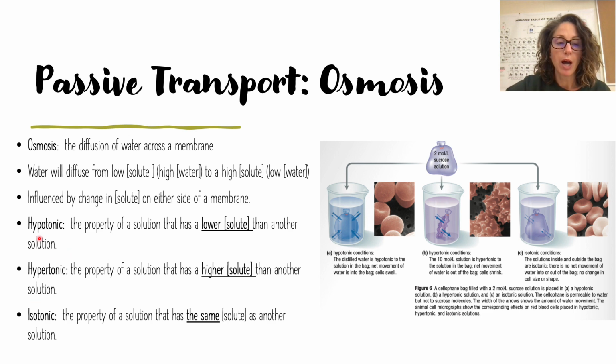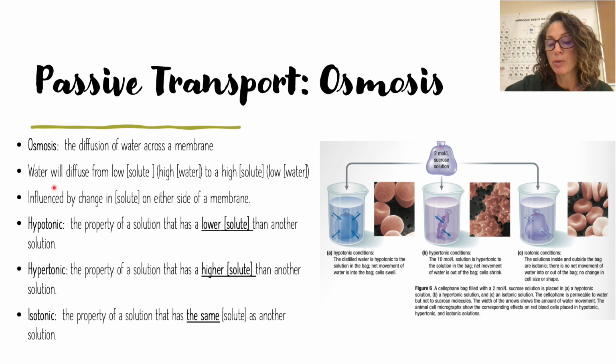So we have hypotonic, and this is where we have a lower solute concentration. We have a hypertonic solution, where in comparison to another solution, it's going to have a higher solute concentration. And then we have isotonic, where you have 2 solutions and they have the same amount of solute in both of them. Okay.